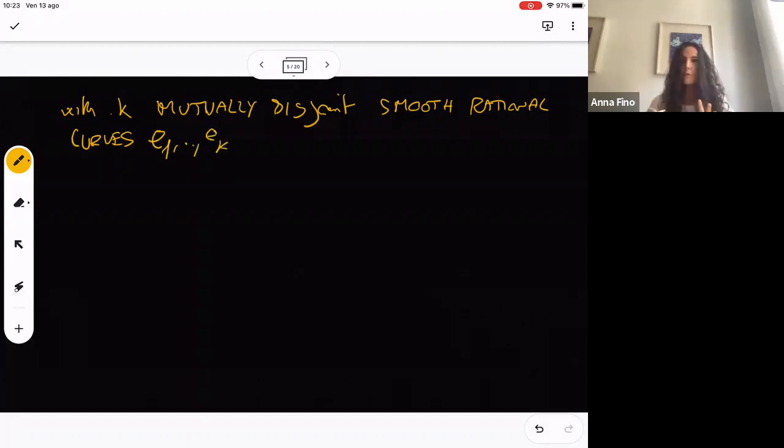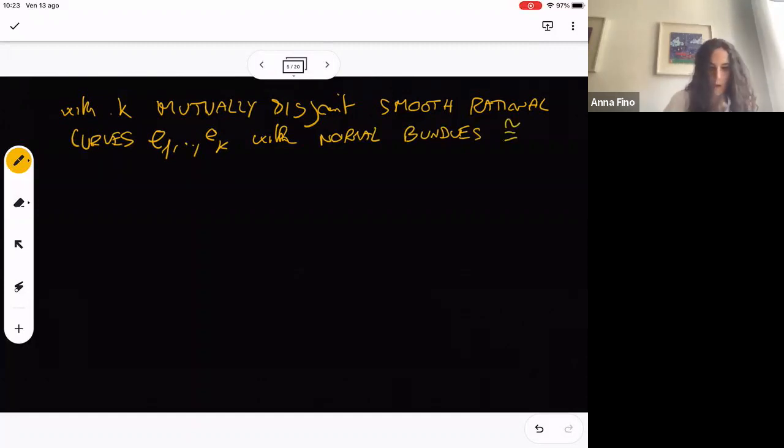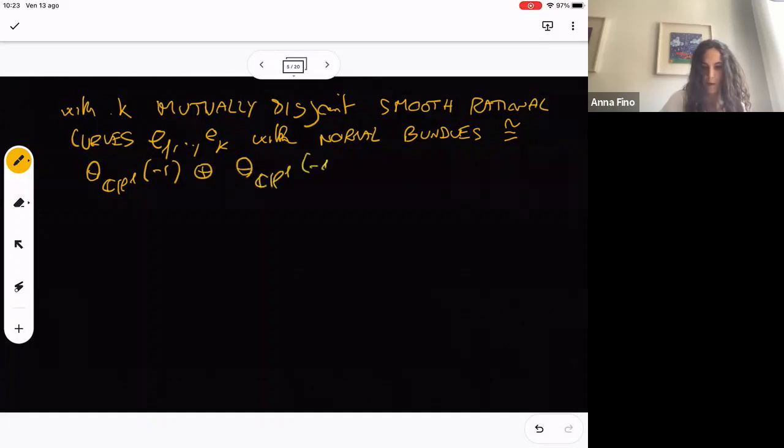So we have essentially k copies of P1, okay, with the property that the normal bundles of these curves are isomorphic to O_{P1}(-1) direct sum O_{P1}(-1). This condition on the normal bundle is just an algebraic condition that allows us essentially to contract these curves, these copies of P1, to points. And this is what we'll do essentially.